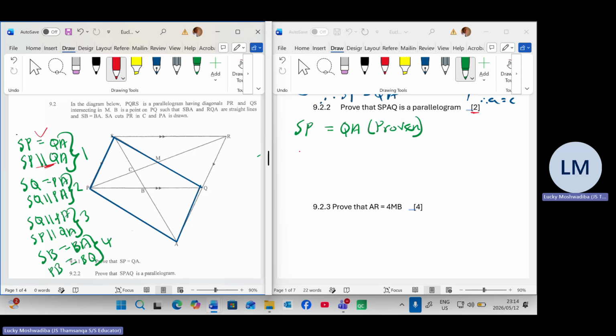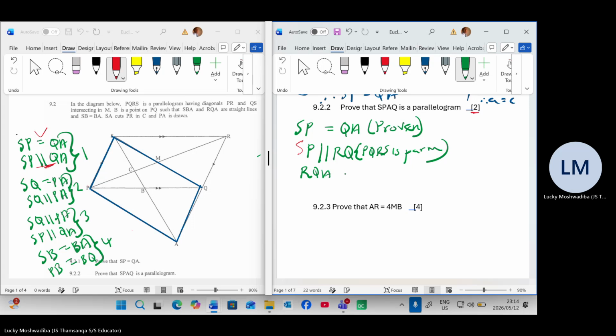We definitely do know that SP is parallel to RQ. We definitely know this information since PQRS is a parallelogram. And then we were further told that RQA is a straight line.